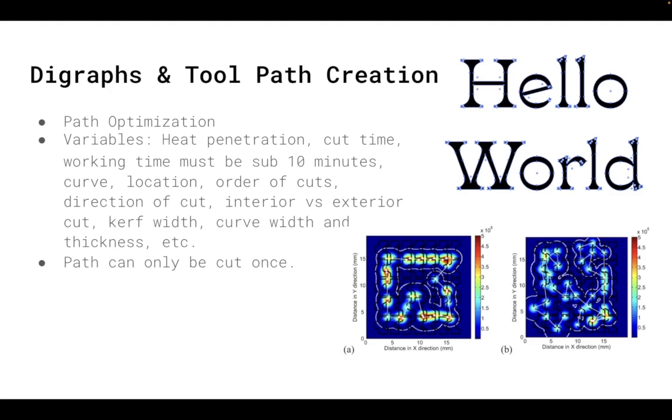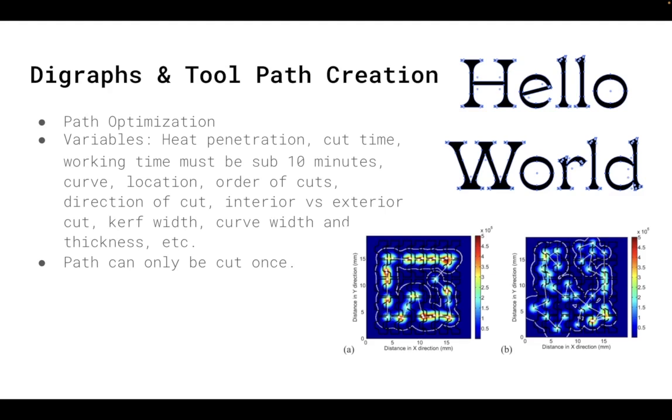Heat penetration is very important to consider when creating the actual tool path. When a path is prioritized for shortest distance, you have a lot of heat that fails to dissipate. This can cause many issues, primarily loss of precision or the melting of the material that you're trying to cut. And so sometimes what might seem like the most obvious path is actually detrimental for the outcome that you're looking for.